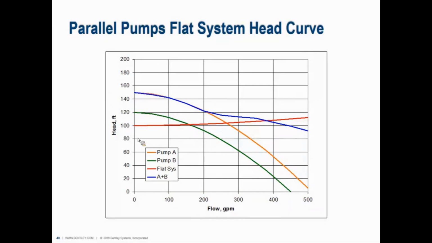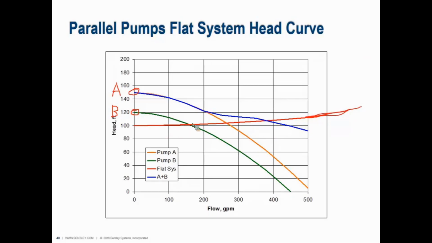Now let's look at another example of some pumps. The green right here is pump B, and pump A is here. So these are the 2 pump curves. This is A, I'll write it on the screen, and this is B. Now, in this scenario the system curve is fairly flat. This is the system curve line right here.